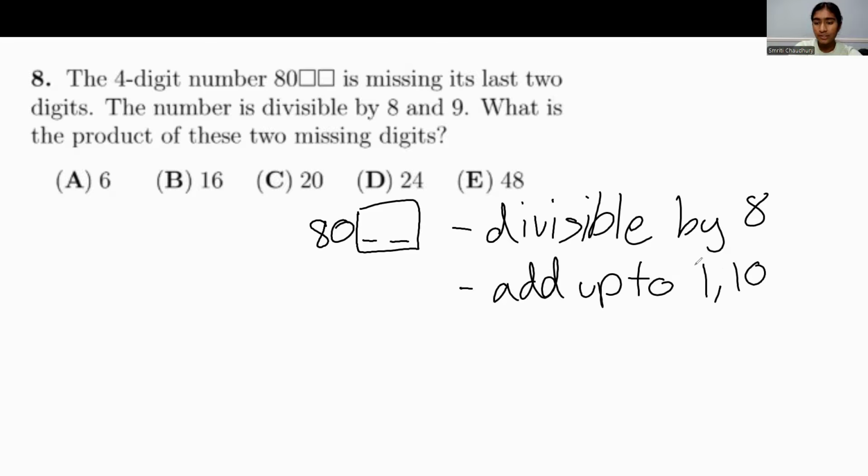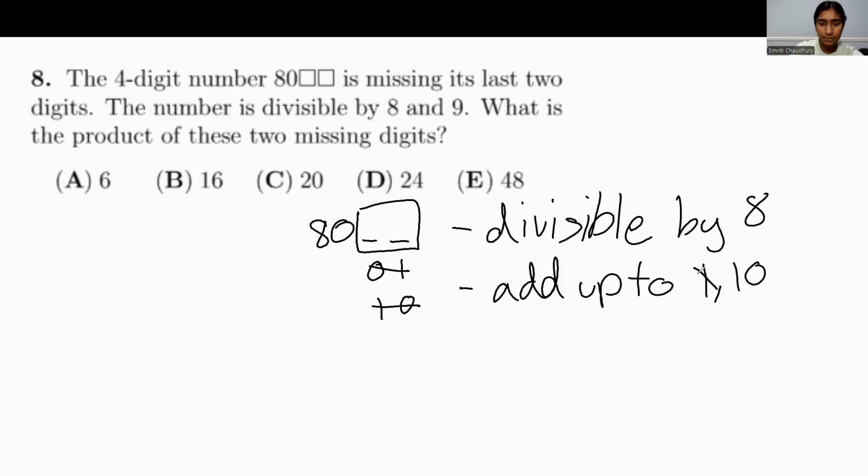So the only things that are possible are 1 and 10. So let's try out some combos. We have 0, 1, and 1, 0 for digits that add up to 1, but neither of these are divisible by 8, so this is not possible.